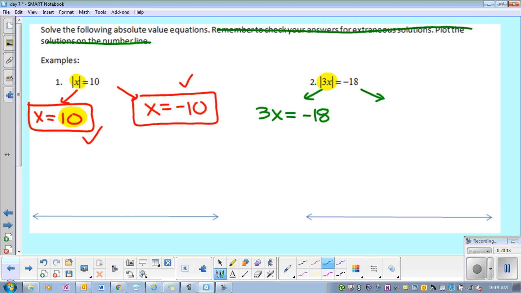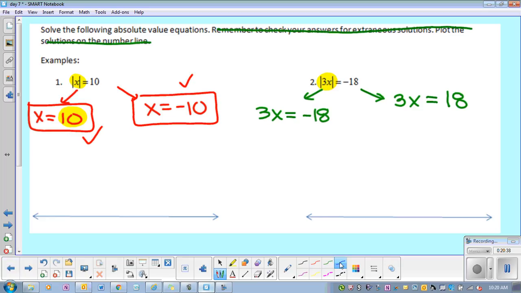Huh. Starting with a negative number? Different. Then the second one is 3x equals what? What's the opposite of the negative 18? Positive 18, right? Interesting that it's starting with a negative number.